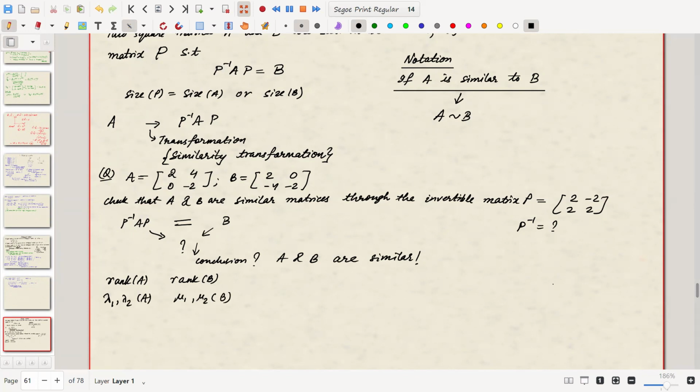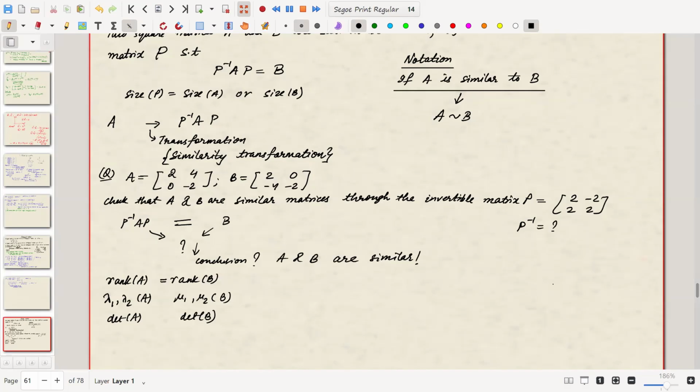Also the determinant of A and determinant of B. These are some of the things I want you to compute and make yourself convinced that both are the same.